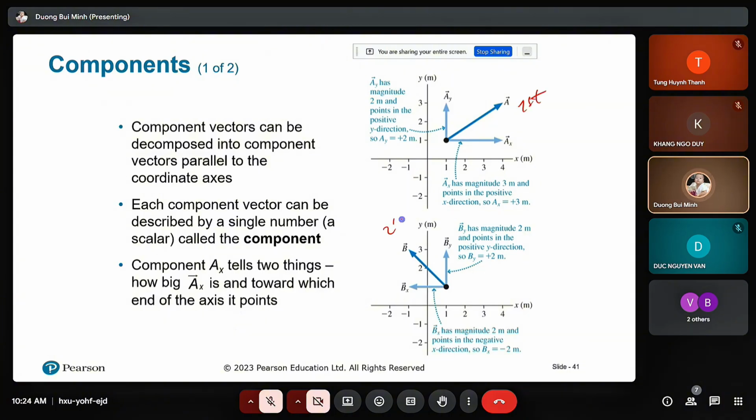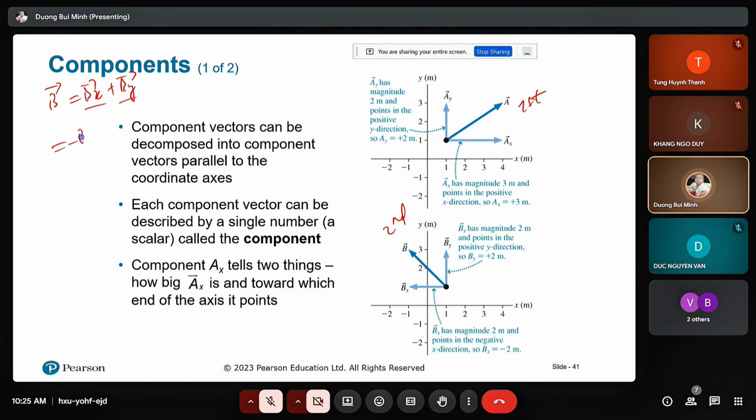This one is for the second quadrant, right? So we have Bx and By. If we say vector B is vector Bx plus vector By, we don't know which quadrant we have, because these are just vectors.